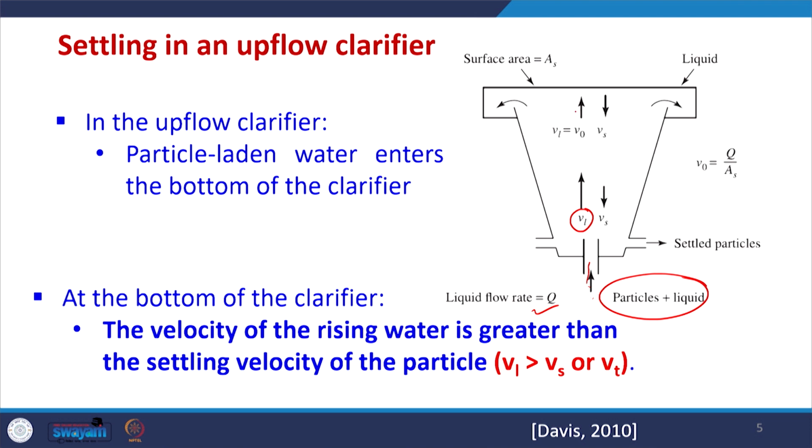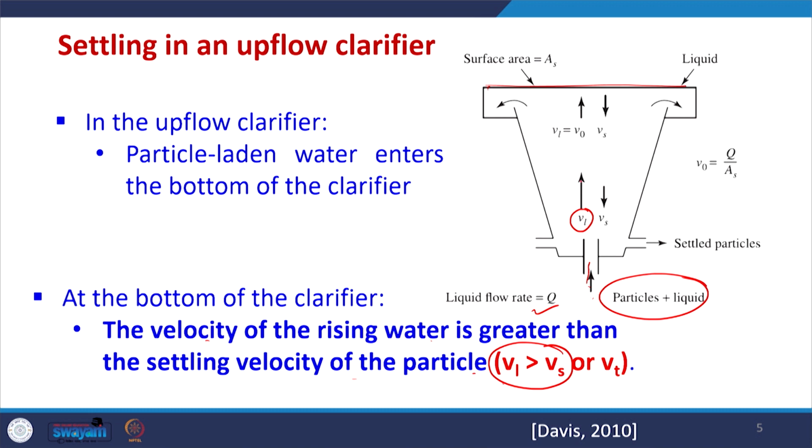Overall, the top surface area is A_S. In the upflow clarifier the particle-laden water enters from the bottom of the clarifier. At the bottom, the velocity of the rising water is greater than the settling velocity of the particles. That means V_L is greater than V_S.